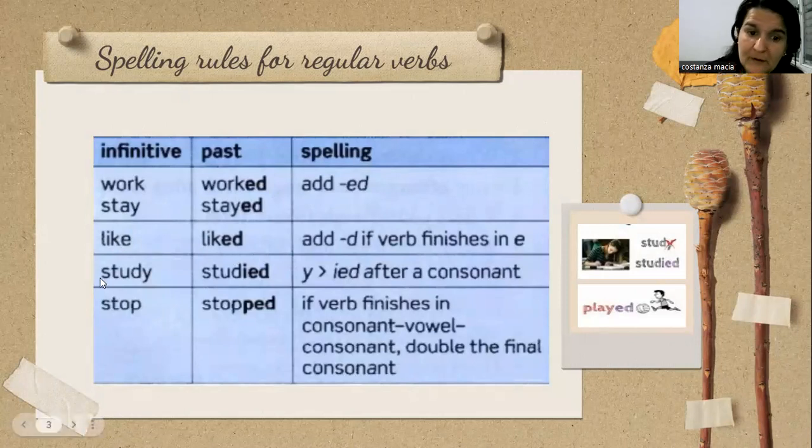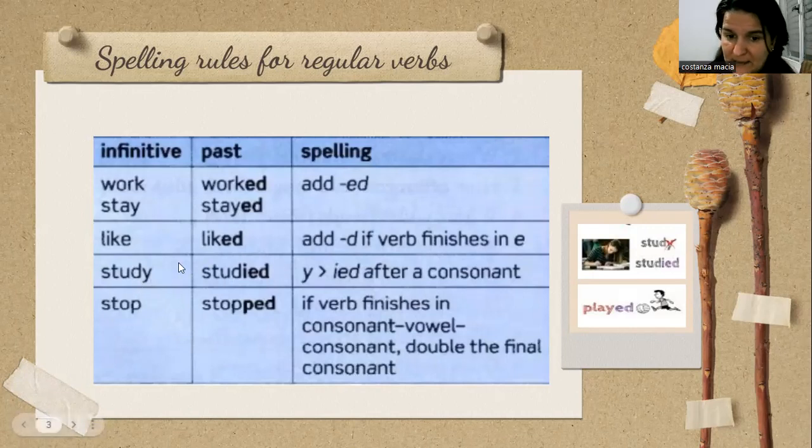If the verb finished with consonant y, we change the y for i. Study, studied. But be very attentive here, consonant y. If it is a vowel, like play, it doesn't happen.